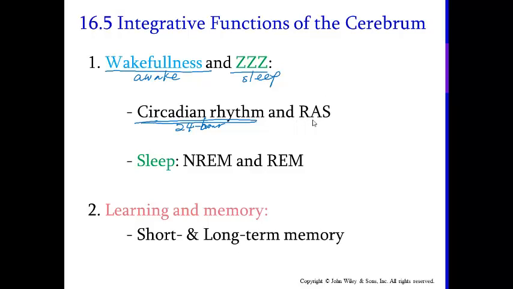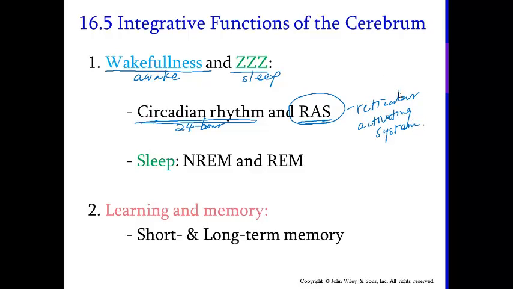When we're awake, we rely heavily on the reticular activating system, our RAS. Remember this one from a few chapters back?